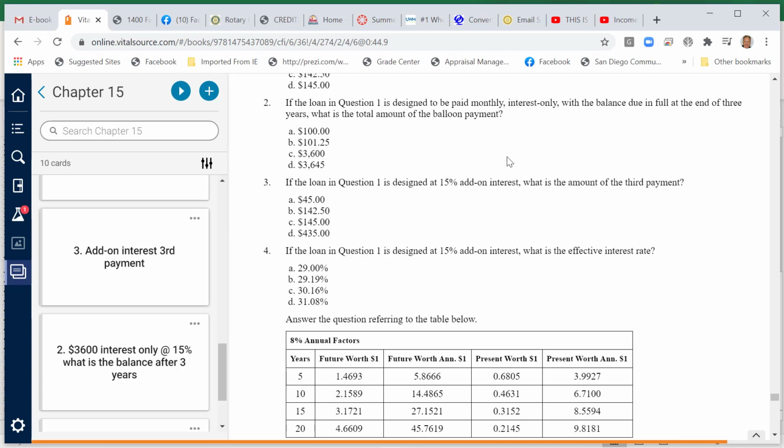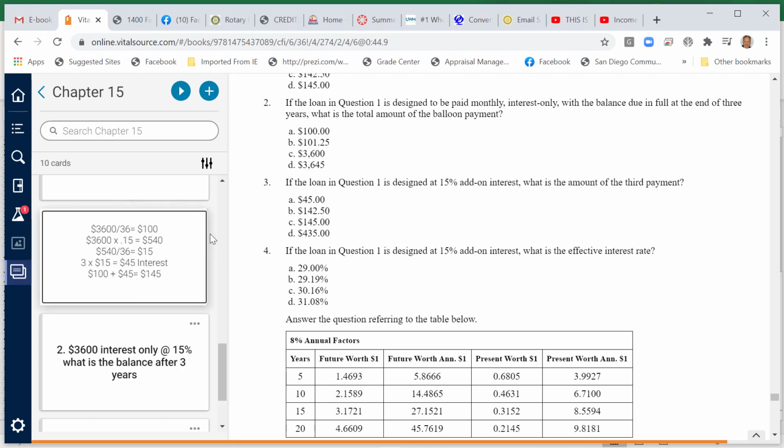Okay, number 3 now is regarding add-on interest. So the loan amount in question 1 is designed at 15% add-on interest. What is the amount of the third payment? So first thing we have to find out is what's the principal you're paying, because you're paying a principal payment monthly. So it's 3 years times 12, which is 36 months.